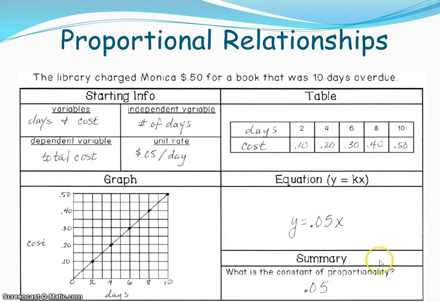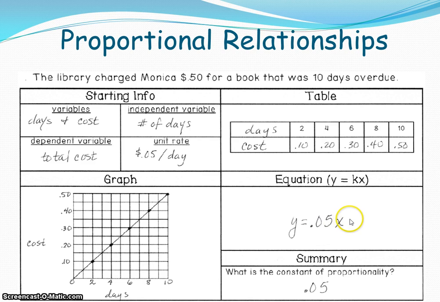And then with an equation, I know this is proportional because the x variable, the independent variable, is being multiplied by the same constant of proportionality. Nothing else is happening except for this single operation, multiplication.